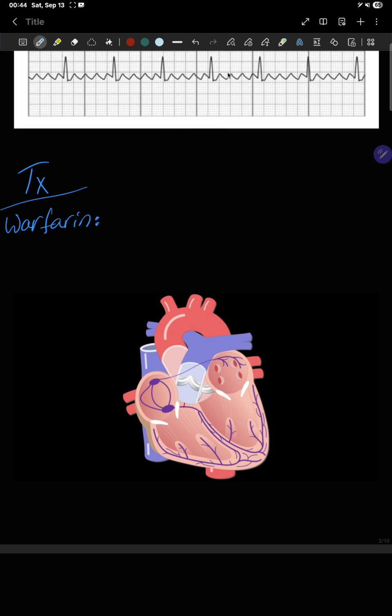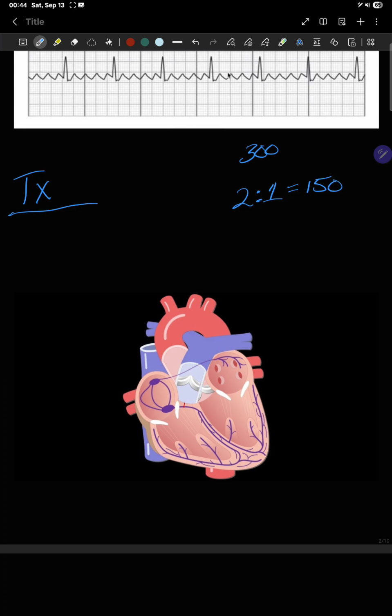Okay, now let's say your patient comes in and he is running at a 2-to-1. So a 2-to-1 would be 150 of 300, right? So he's sitting at 150.